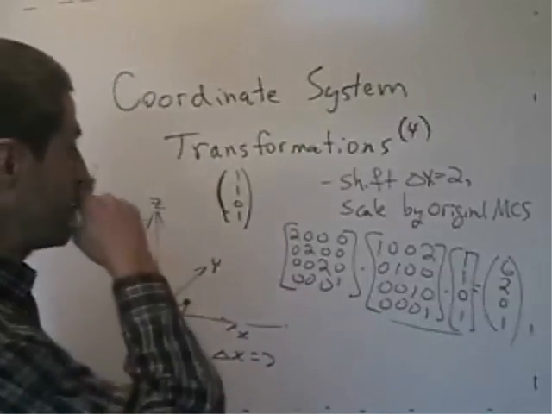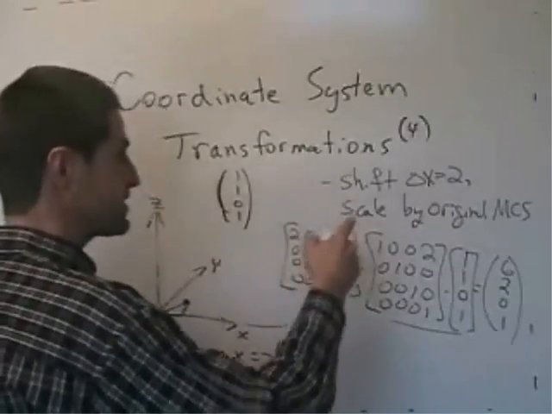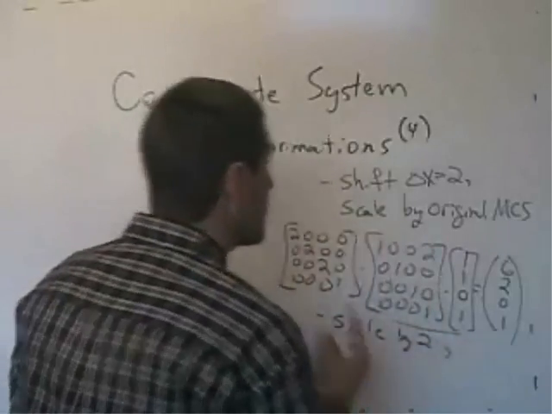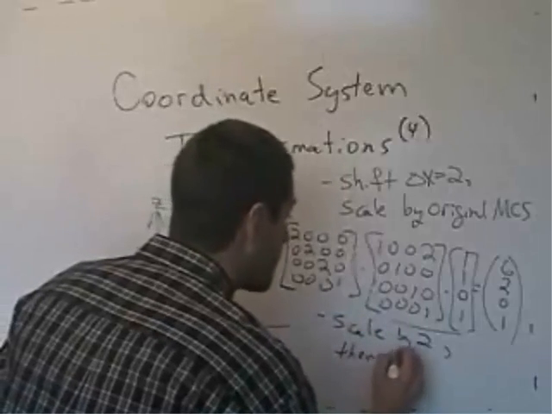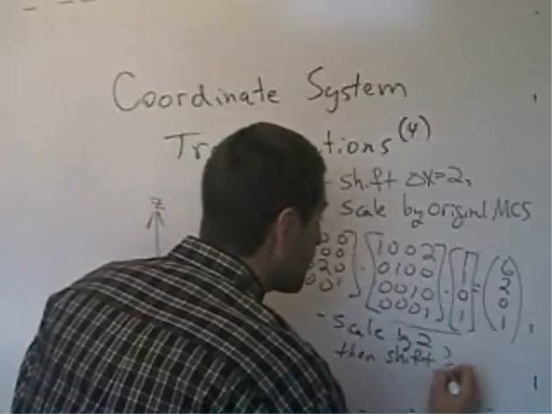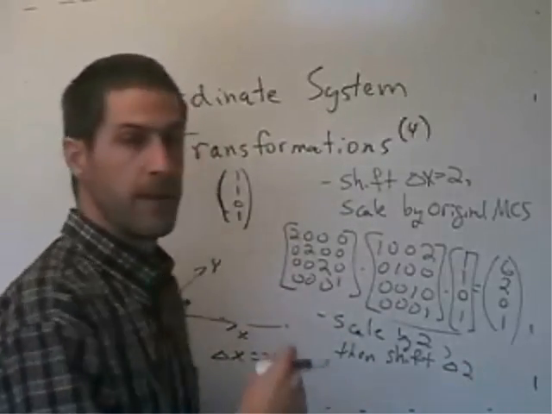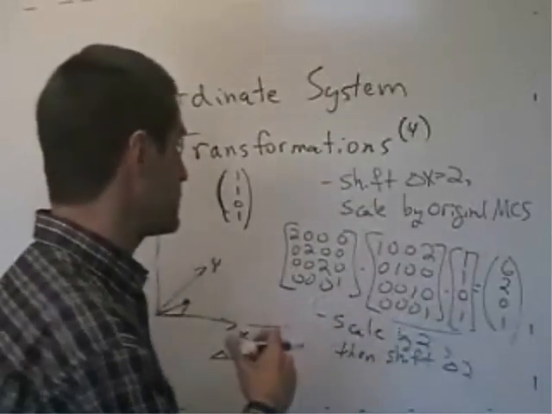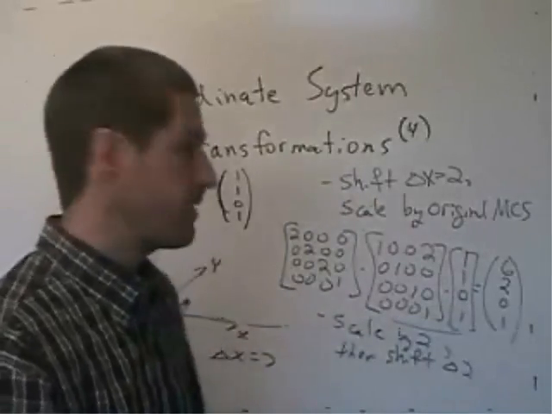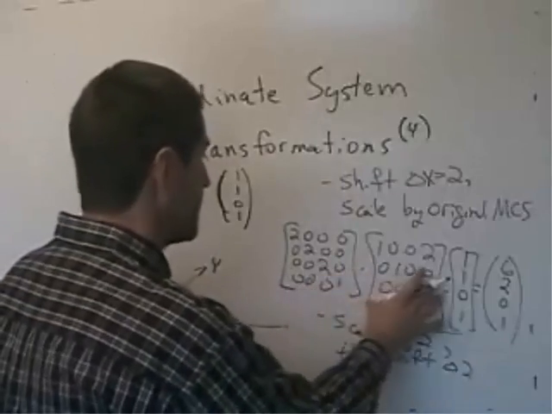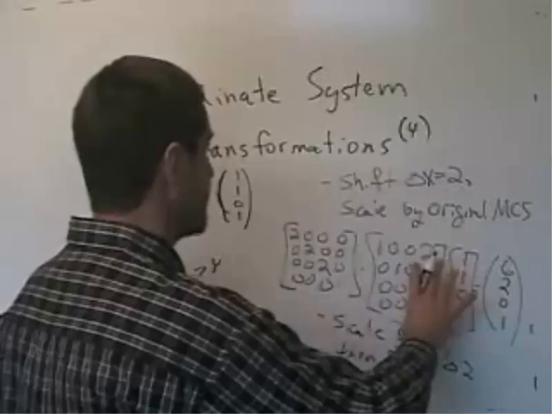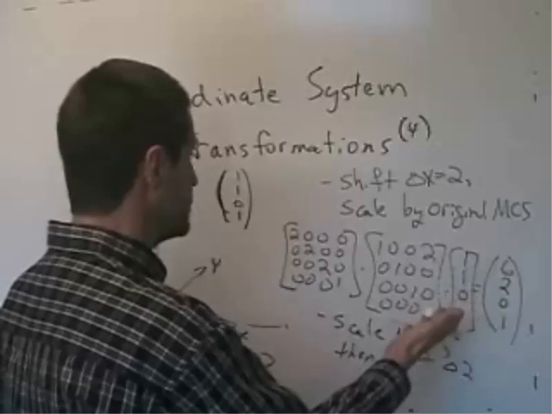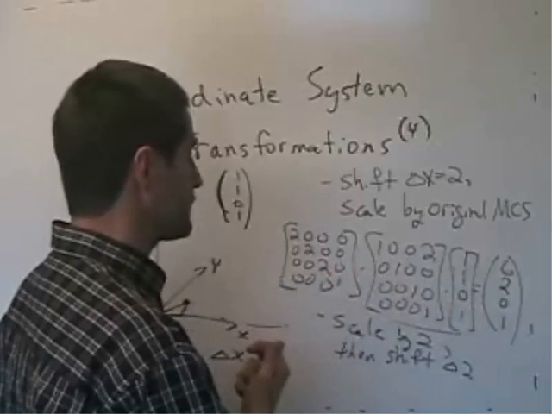Keep in mind that also, if we were to first scale by 2, then shift, also all with respect to the original coordinate system, we would reverse those. And we'd end up getting the same result as we had the other way: we would first have the shift matrix, and then we'd have the scaling matrix, and it would first scale it up to 2, 2, and then shift it over to 4, 2.